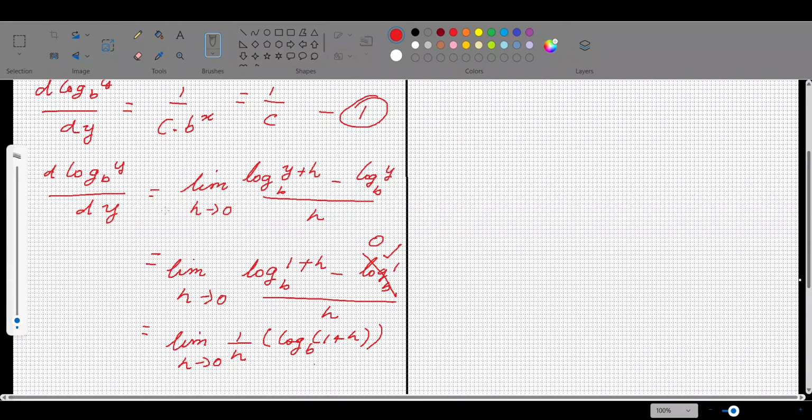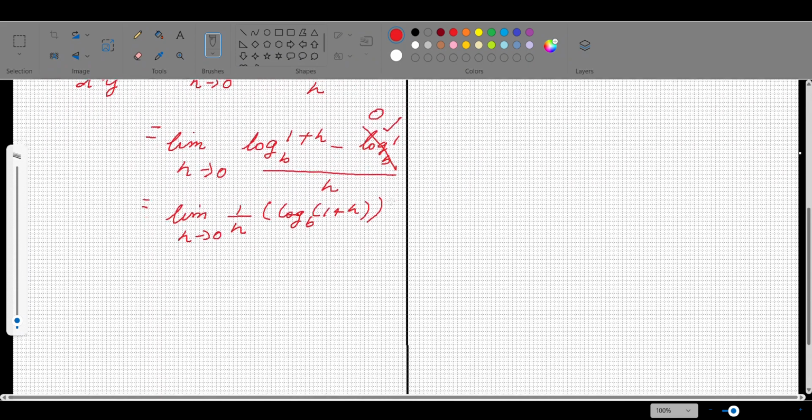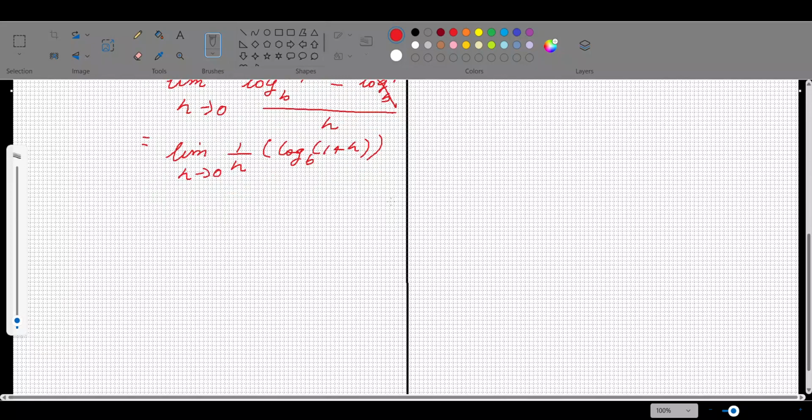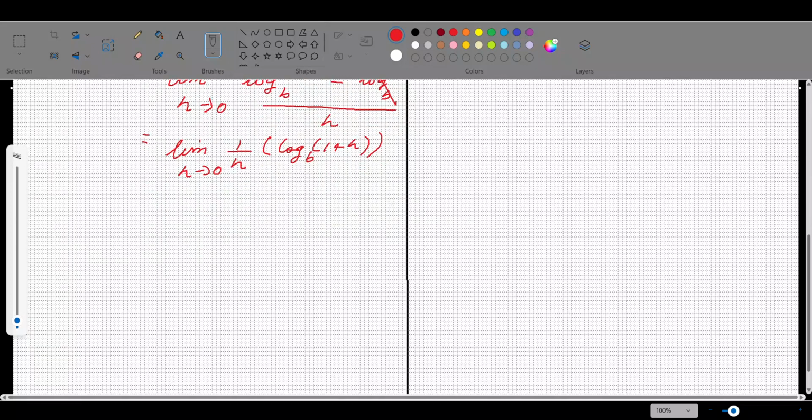Now, let's go back to a property we had discussed in the first video on logarithms. In that property, we said that if we're looking at a logarithm that has a value with an exponent, it is equal to the exponent times the logarithm of that value.